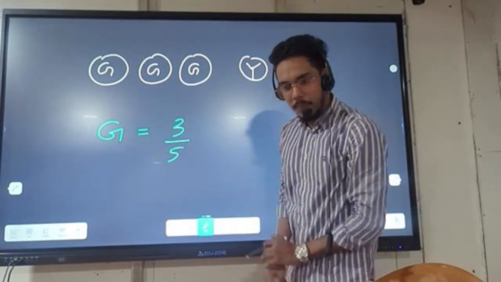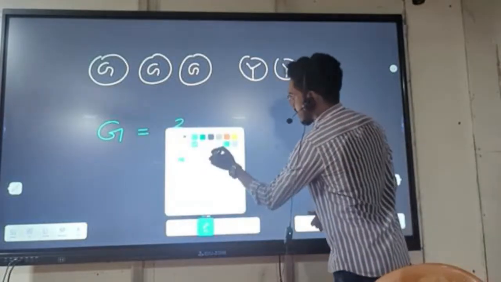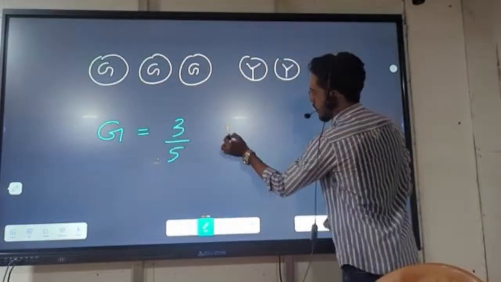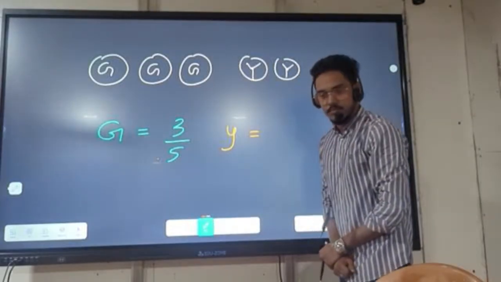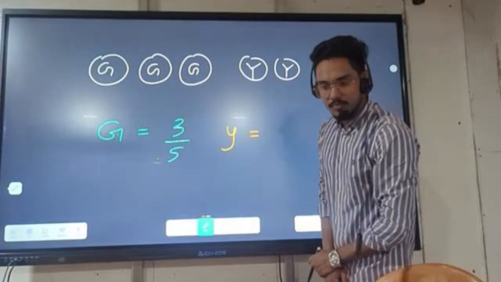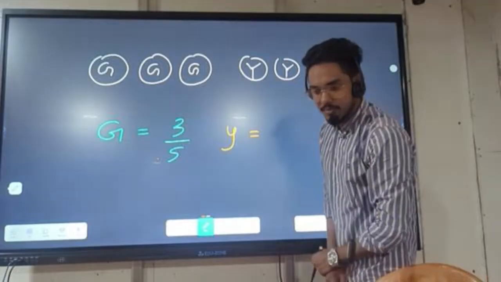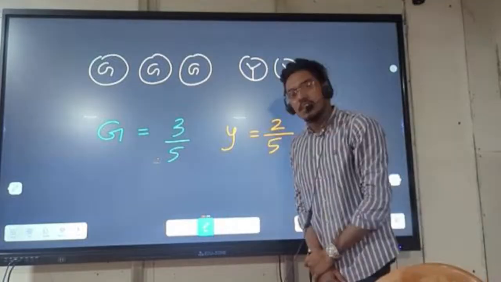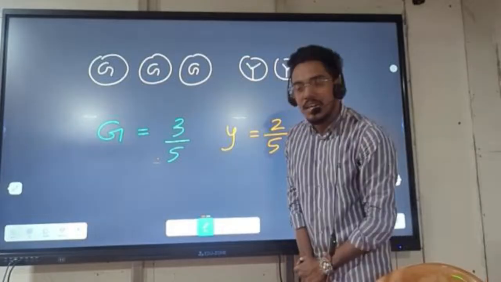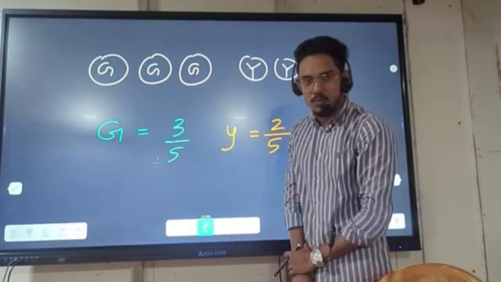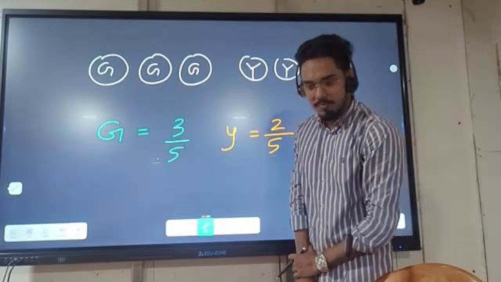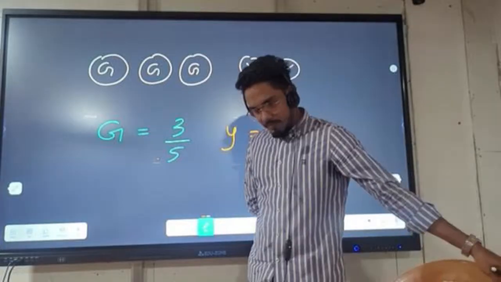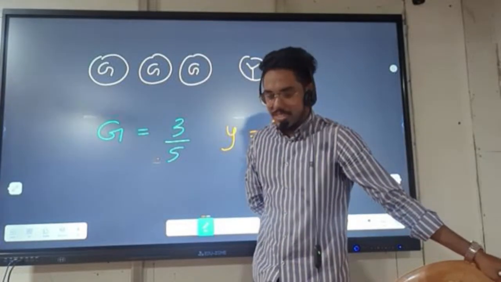Now tell me, what is the probability of me selecting a yellow ball? Simply 2/5. Which color has a higher probability of me to select, green or yellow? Well done, it's going to be green.